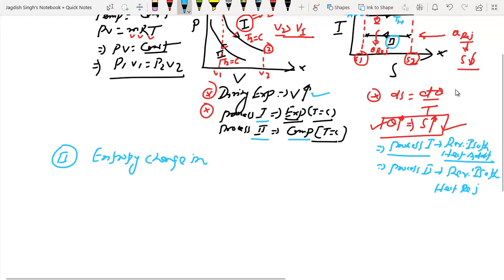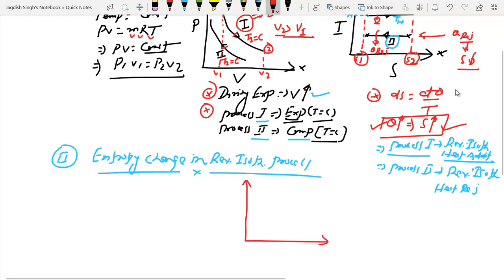Entropy change in a reversible isothermal process. This is quite simple. Let us suppose this is the TS plot, this is the process, and the line should be horizontal. This is state 1 to state 2, this is state A, this is state B, and the process is 1.